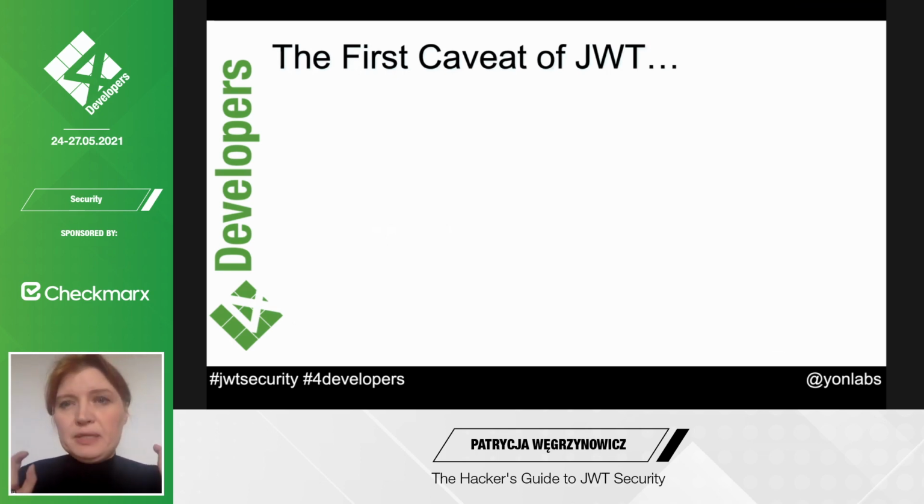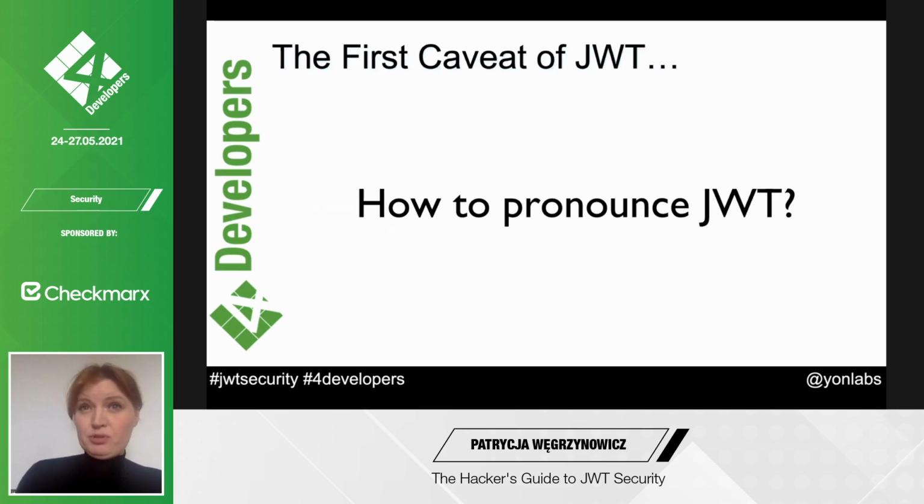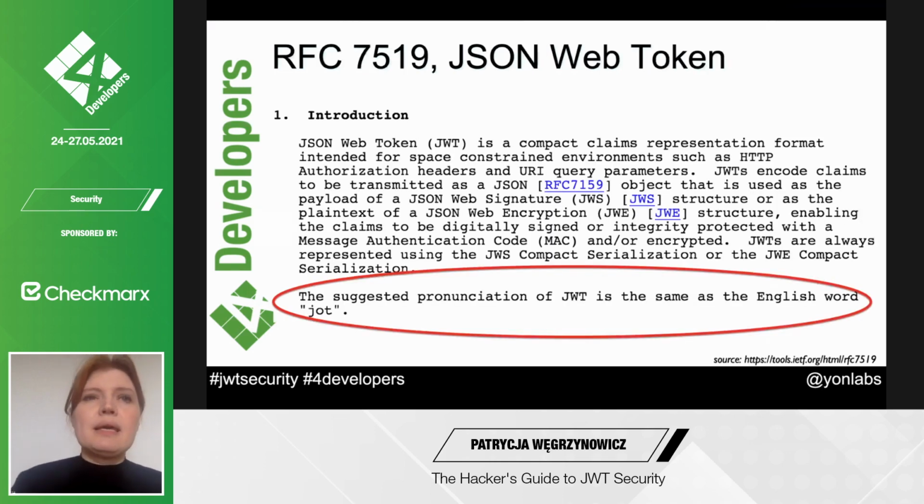And we'll start with the first difficult thing, which is, how do we actually pronounce it? And it turns out it's not a piece of cake. As a native Polish speaker, I pronounce it as JWT. In English, I usually hear the pronunciation as JWT, but the RFC suggests the same pronunciation as the English word JWT.